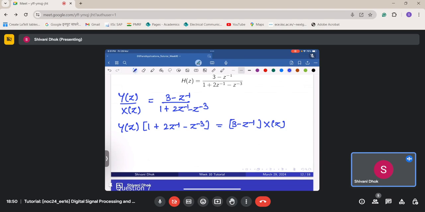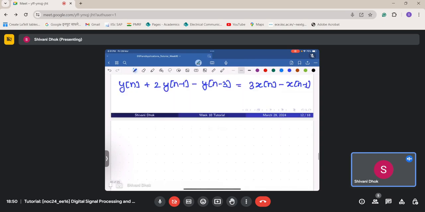If I take the inverse z transform, this becomes y[n] plus 2 times y[n minus 1] minus y[n minus 3] equal to 3 into x[n] minus x[n minus 1].